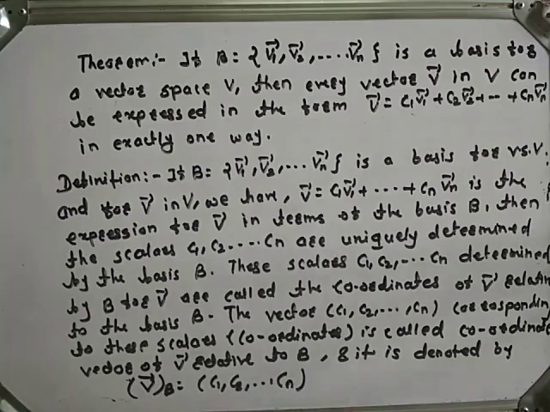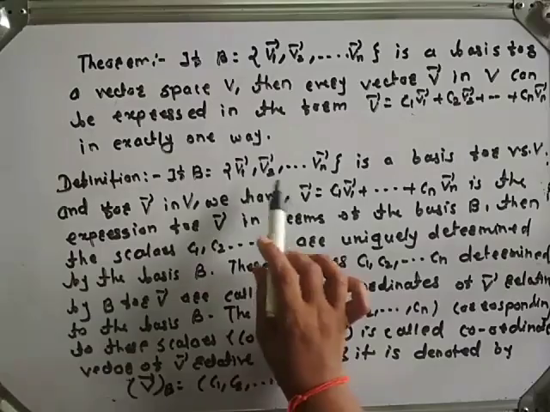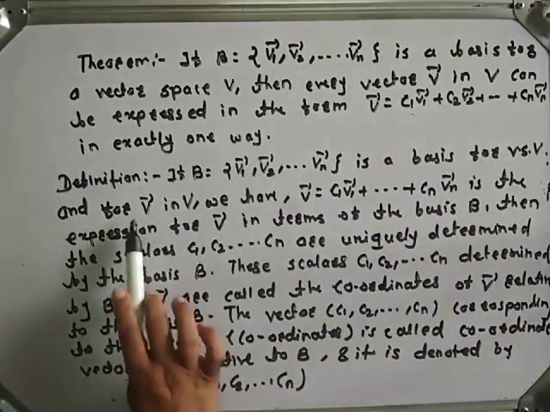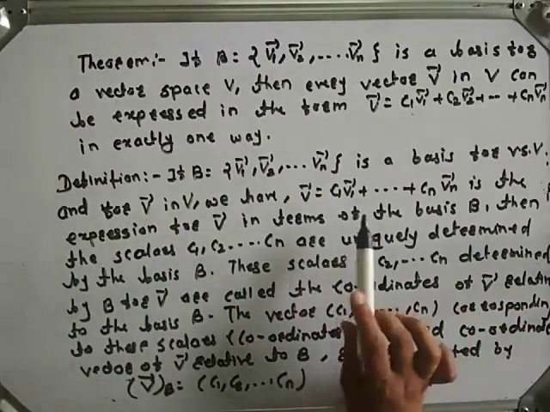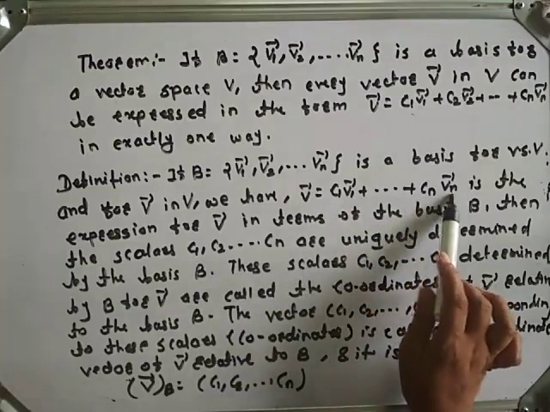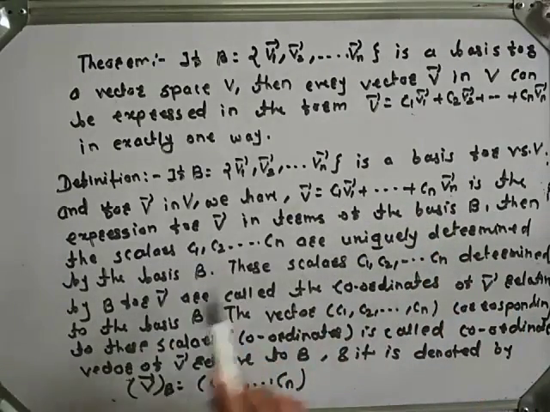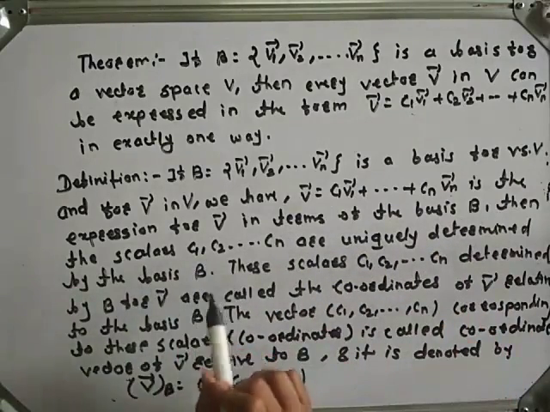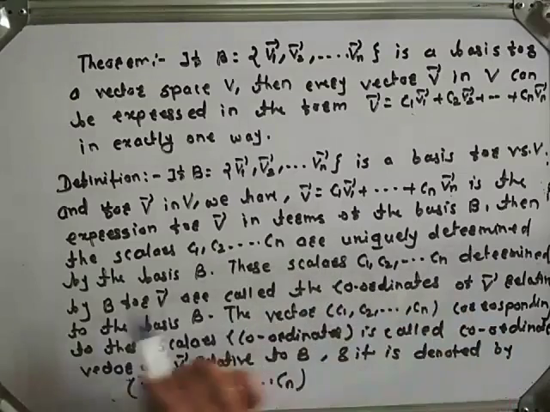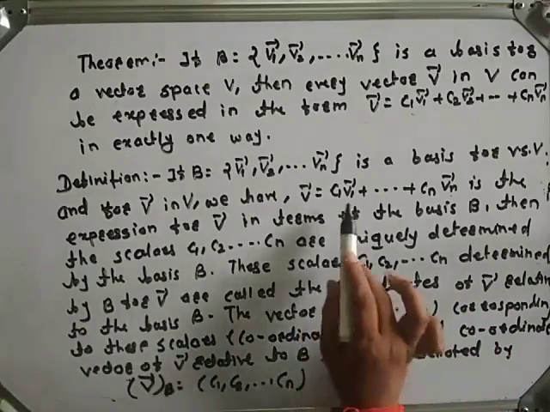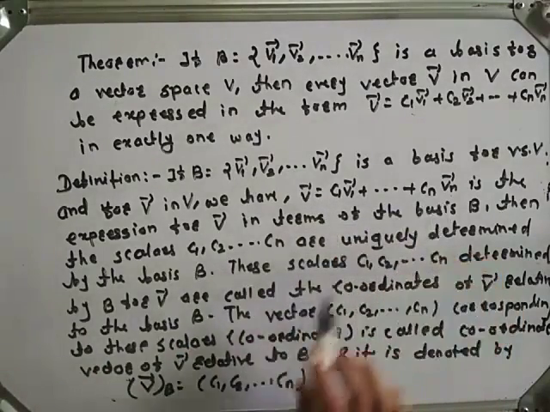Okay. See here, what does the definition say? If B is this set, a basis for vector space V, and for V bar in V, we have V bar can be written as a linear combination of V1 bar and so on up to Vn bar. It is the expression for V bar in terms of the basis B. Then the scalars C1, C2, Cn are uniquely determined by the basis B. Okay, means what? Values of C1, C2 and Cn are unique.